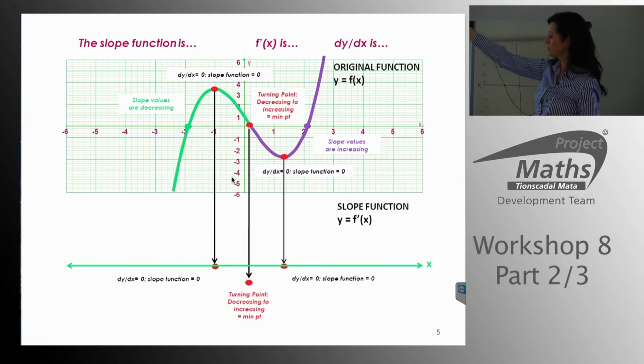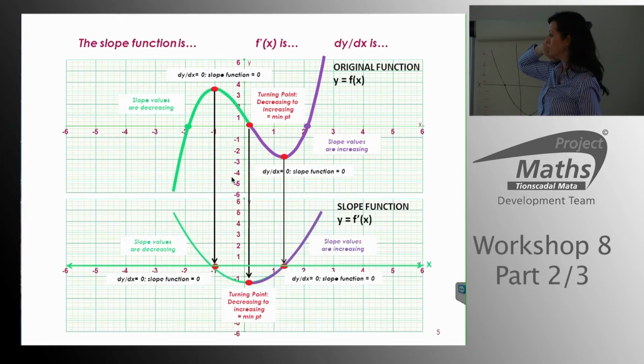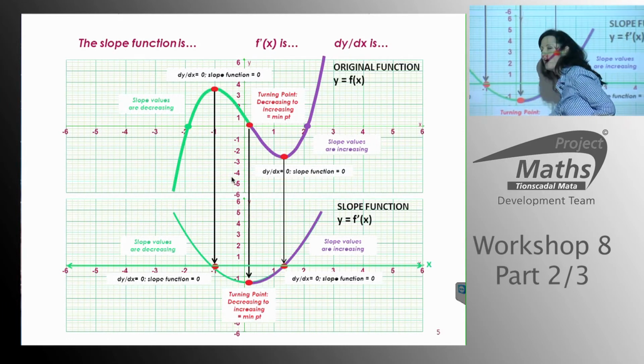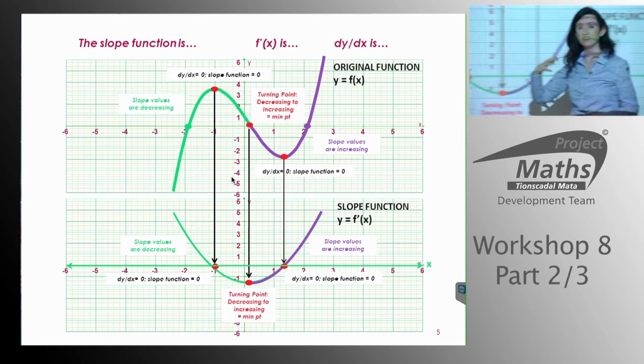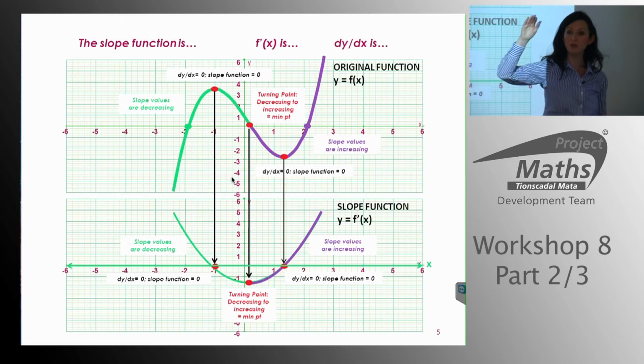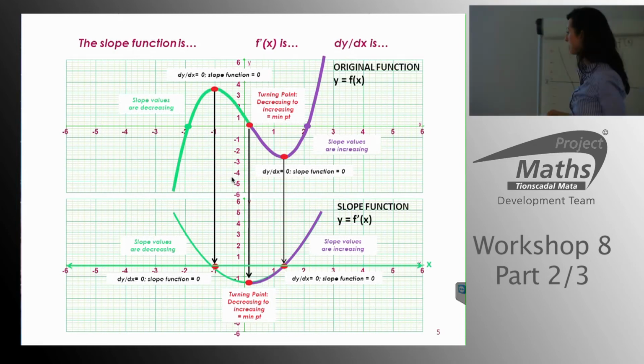So those 3 points will give me a guideline as to where to sketch my derivative. At this point in time though, we're not worrying about how far we go down. At this moment in time, this is just a freehand sketch of what we think the derivative will look like.